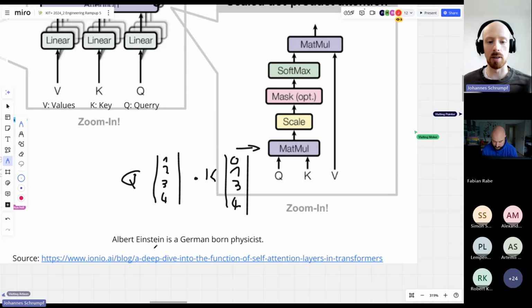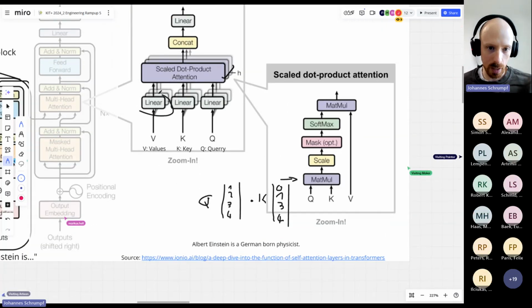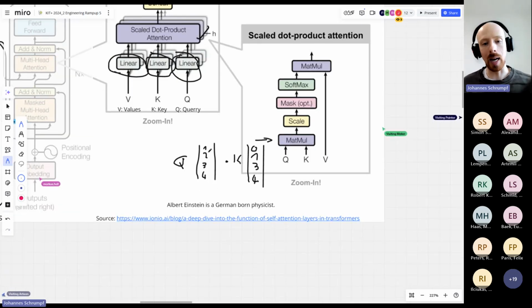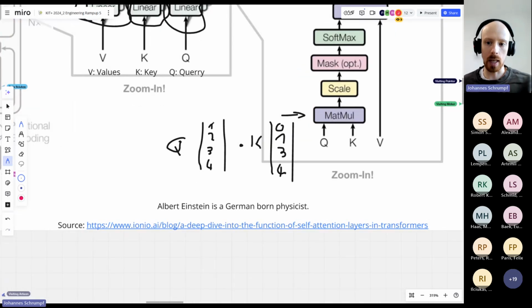They are all the same sentence, or the representation of this sentence. This matrix multiplication multiplies single words within the sentence with one another, based on the results of these linear layers. And what these linear layers do is they scale up or scale down these values that represent the words of the sentence.